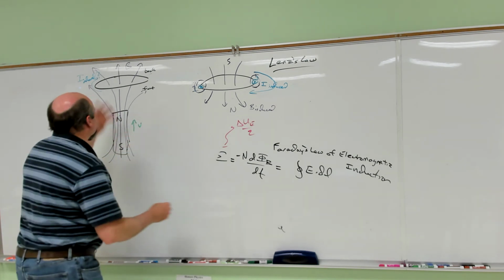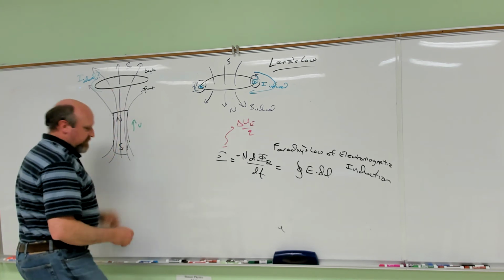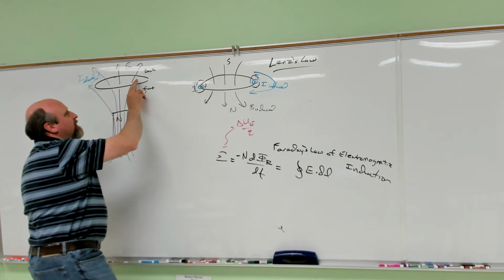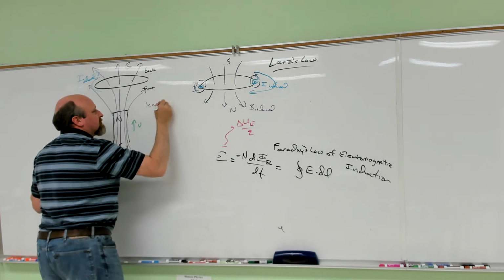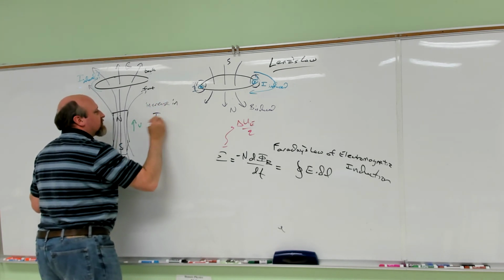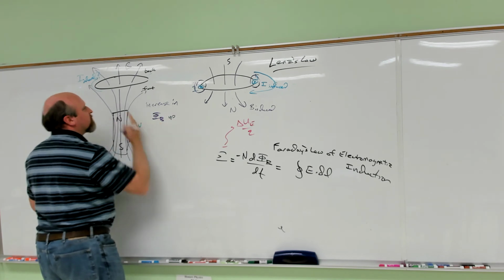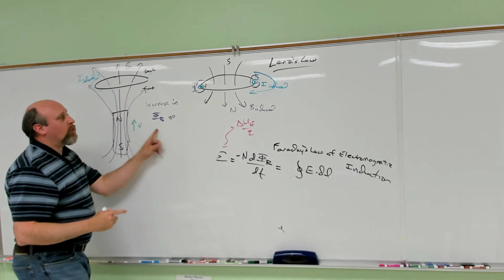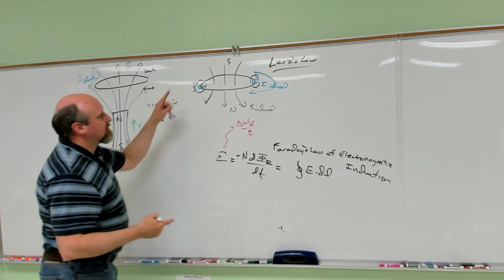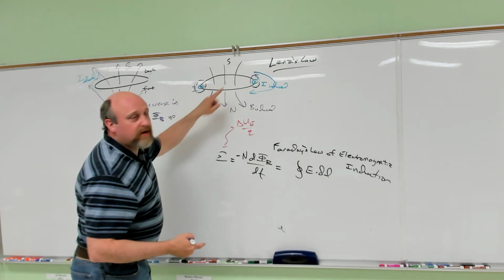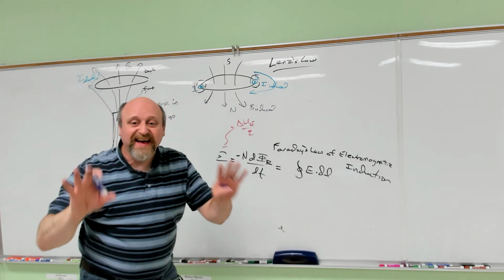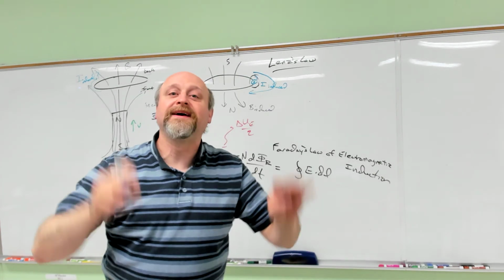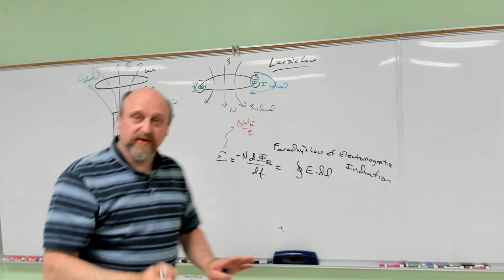So watch this. As I push this closer, what happens to the magnetic flux through this loop? There's an increase in flux up through the loop. What's that going to cause? It's going to make current flow to make an increase in flux going down through the loop, to fight against the change. That's the way it always works.